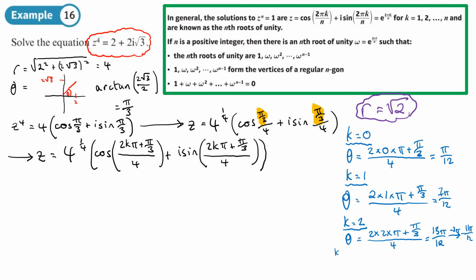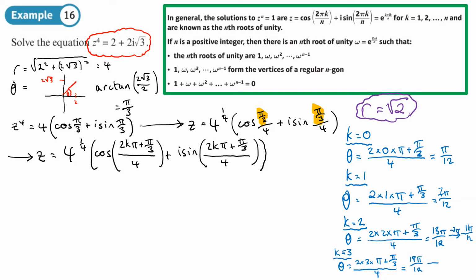And then for k equals 3: 2 times 3 times pi plus pi over 3, all divided by 4. So that's going to be 6 pi plus a third pi, which is 19 pi over 3, which will be 19 pi over 12 when we divide it.